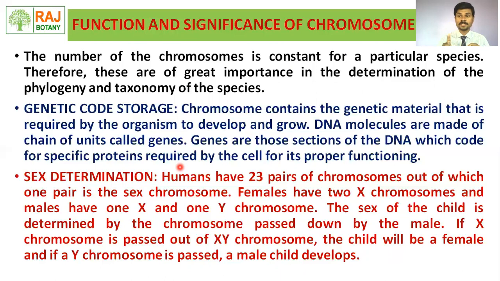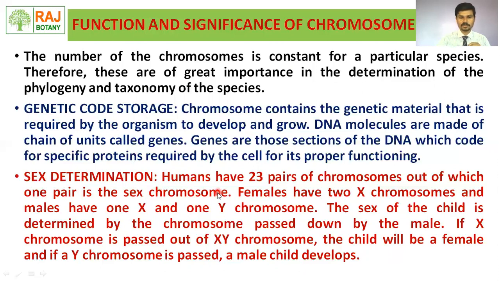So ultimately, the gene is responsible for the whole metabolism of the body, and those genes are present on the DNA inside the chromosomes. So the chromosome acts as a storage for the genetic code.